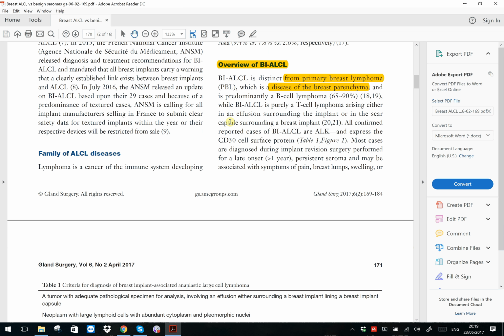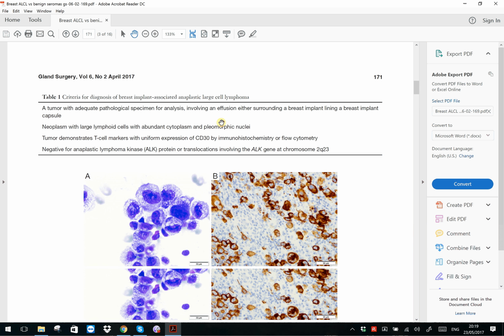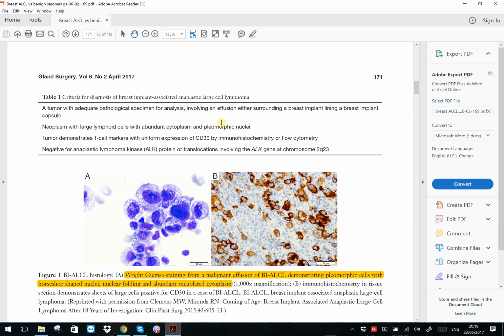And the first suspicion would be a breast implant associated anaplastic large cell lymphoma. And FNA of the effusion provides an adequate specimen for the analysis. And the method should be cytology as well as immunocytochemistry and, of course, flow cytometry.